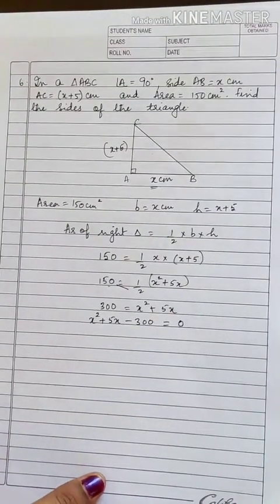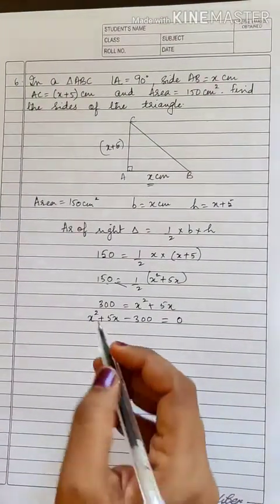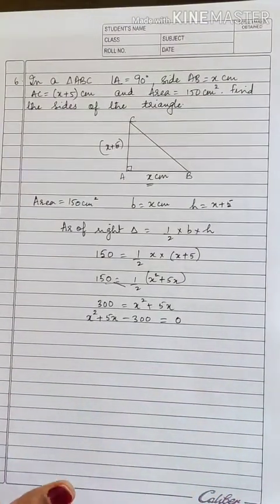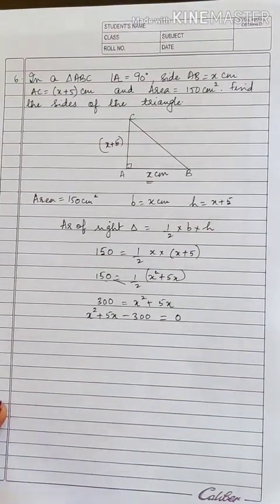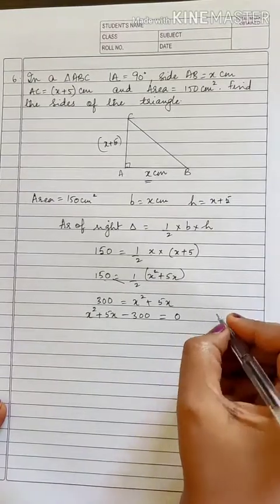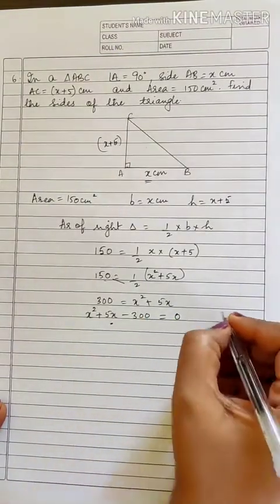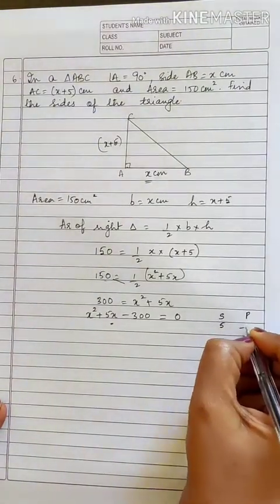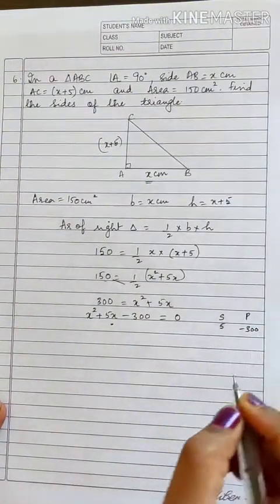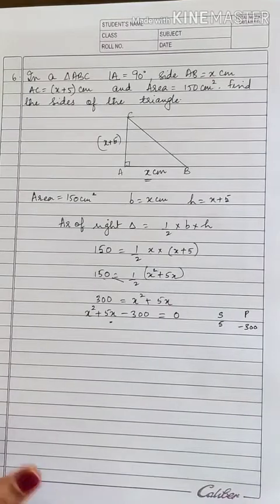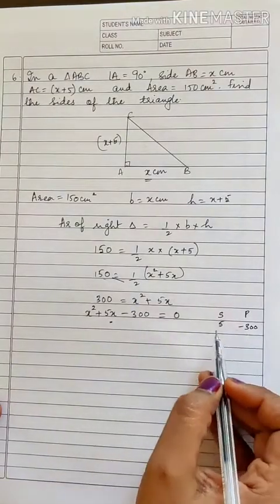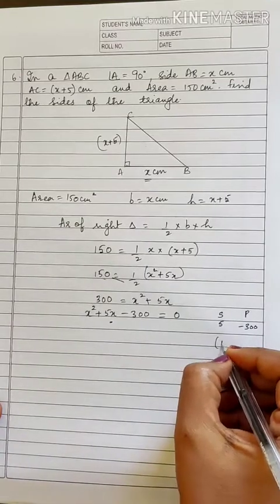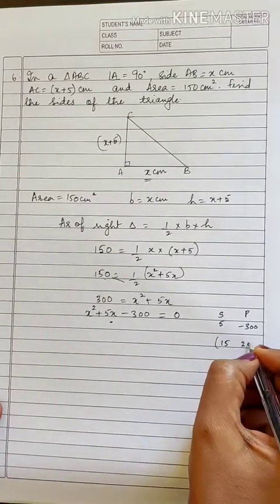Students, this is called a quadratic equation, that is ax square plus bx plus c is equal to 0. Now we will solve it as it is, like this becomes a trinomial. The sum is 5 and the product is minus 300. You have to get two numbers whose product is minus 300 and sum is 5. So this is 15 and 20.